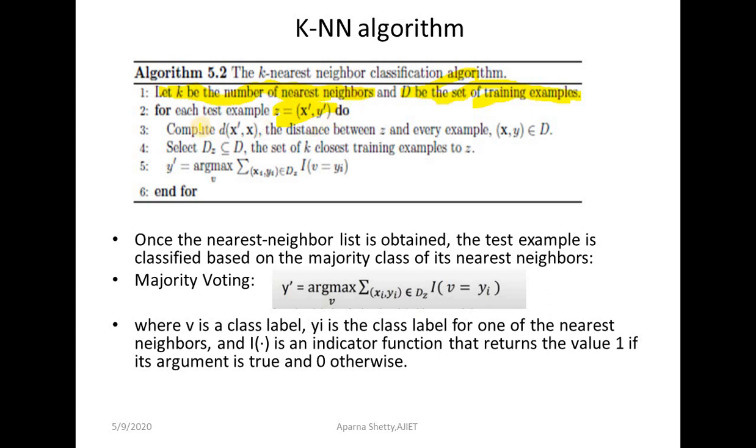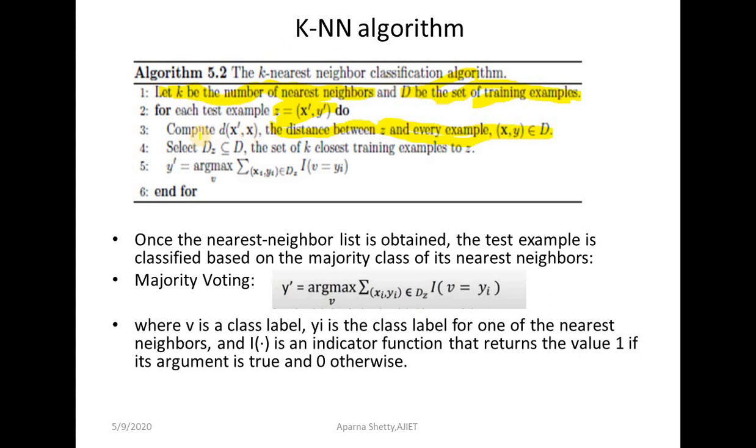To do so, you first compute the distance d(x', x) between z and every example. So first you have to compute the distance between the test data and all the training records.